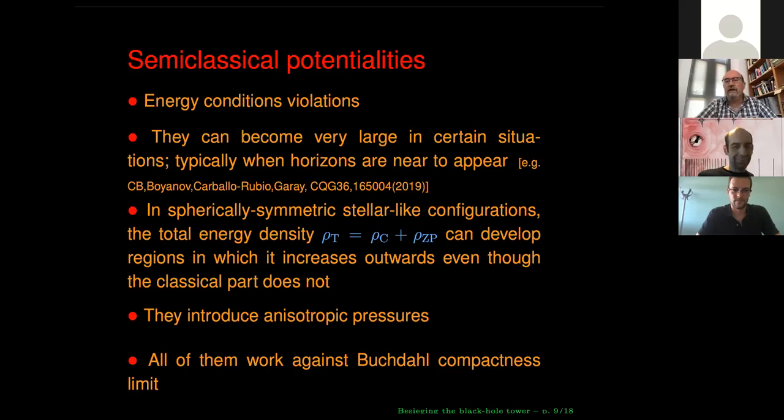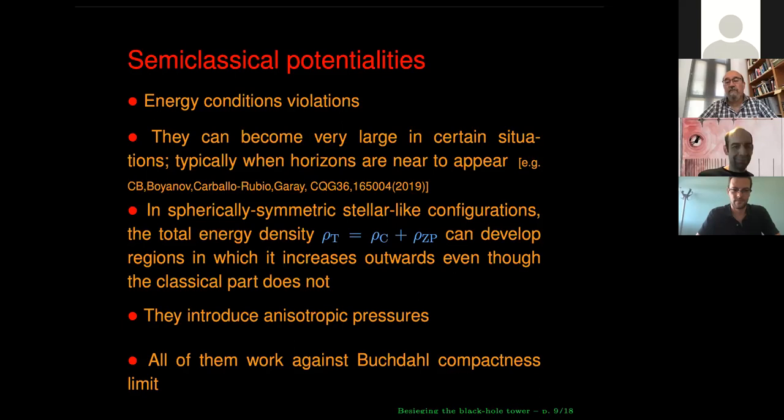This is also a peculiar characteristic of semi-classical gravity. In addition, in most typical situations, they introduce anisotropic pressures. Even if you take the classical energy momentum tensor to have isotropic pressures, the addition of these two sources leads to anisotropic pressures.